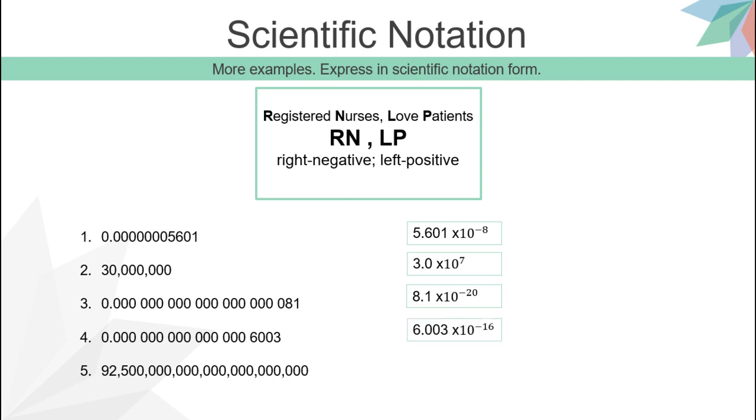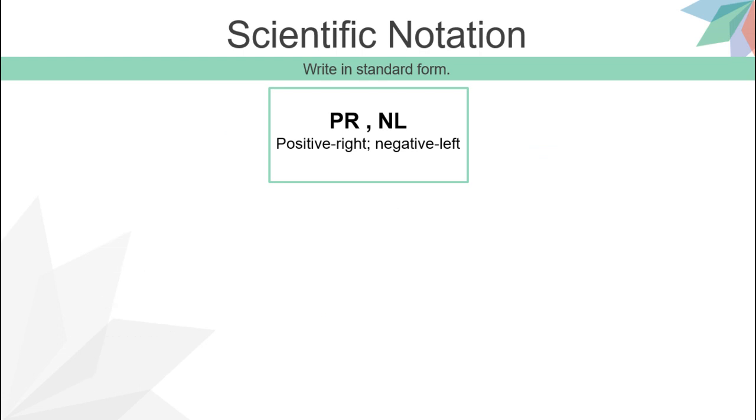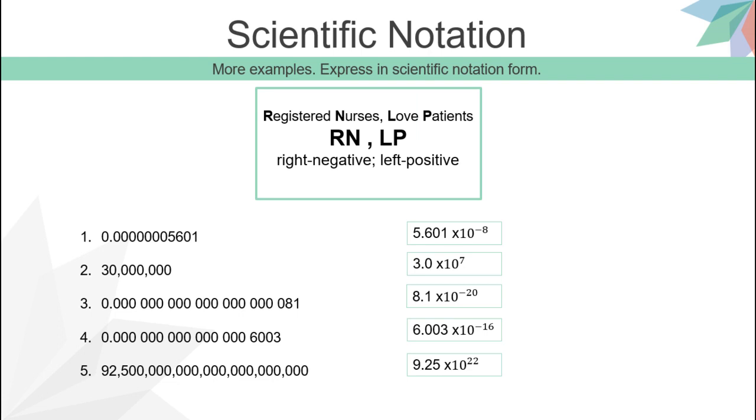Then we have 6.003 times 10. We cannot remove the 0 in between the 6 and the 3, because those are significant figures.